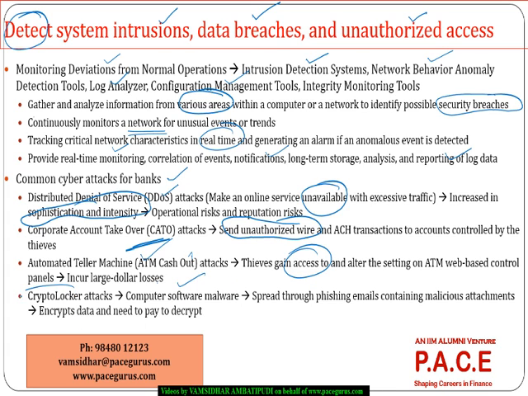And then we are talking about crypto locker attacks. It's a kind of malware, right? Some kind of software virus. It is sent through the mails and it has some kind of attachment. In case you open the attachment, it tries to eat up all your data across all your files in the system.